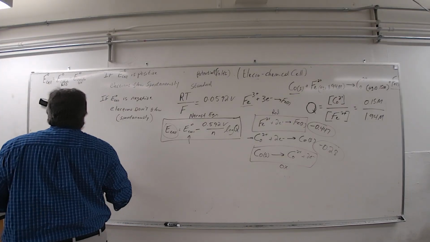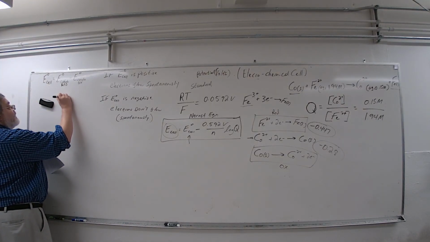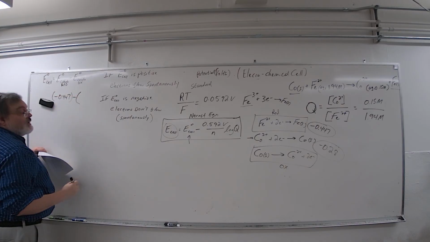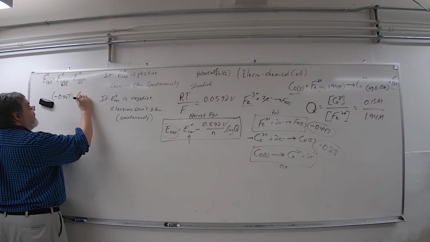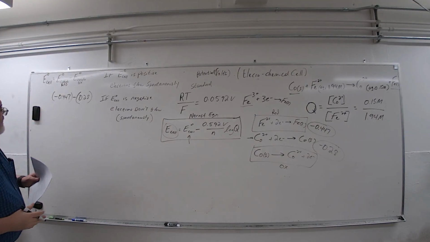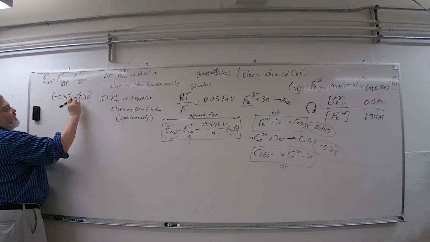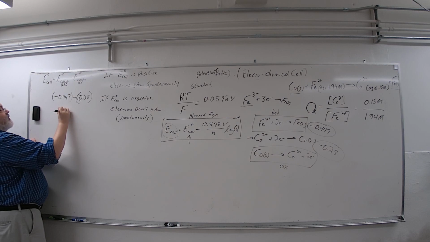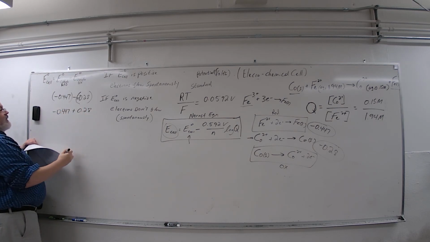Reduction takes place at the cathode, so I'm putting -0.447 minus -0.28. Negative that. There's a negative in there. So really it's -0.447 plus 0.28.